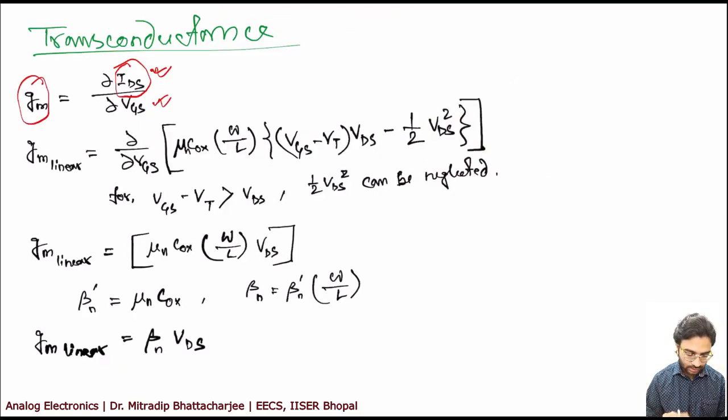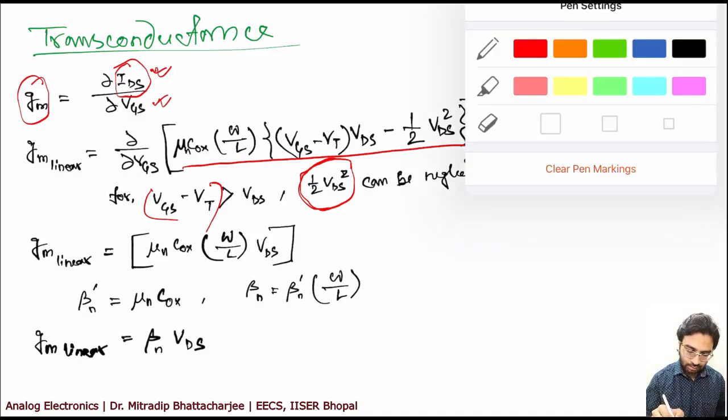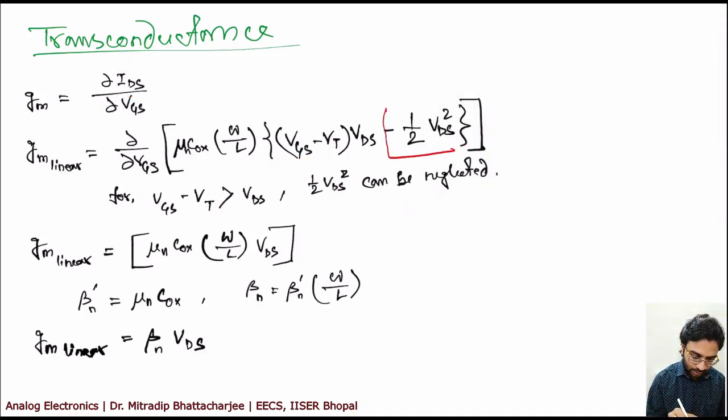As we know that VGS minus VT should be greater than VDS, this term can be neglected because in this case VDS is very, very small. So if you neglect this term and do this differentiation, let us not take this term into consideration anymore.